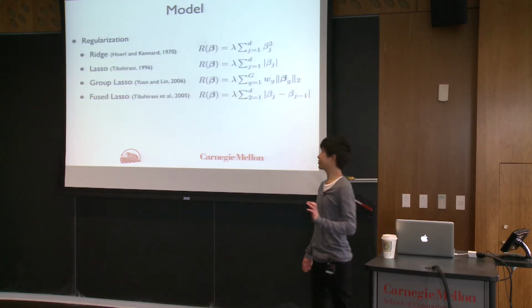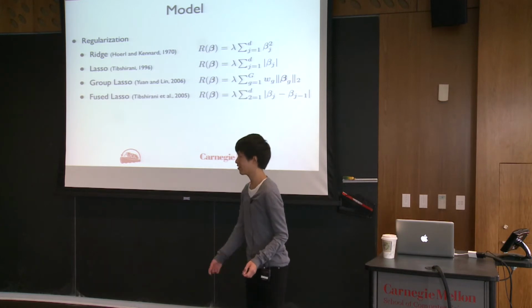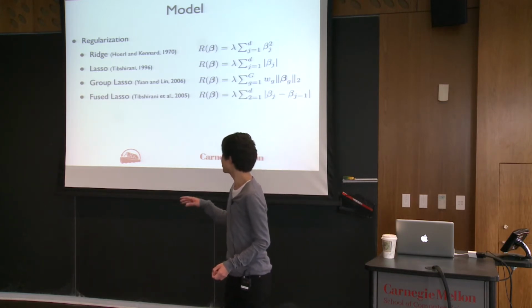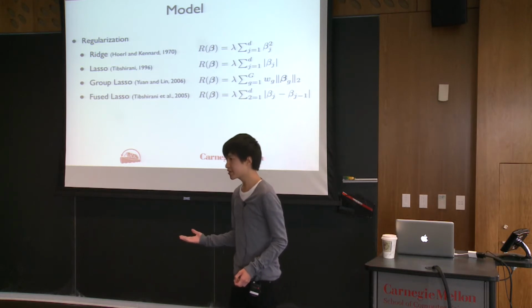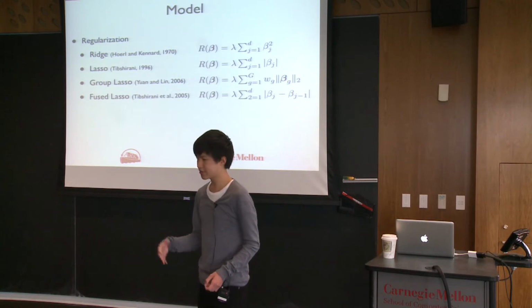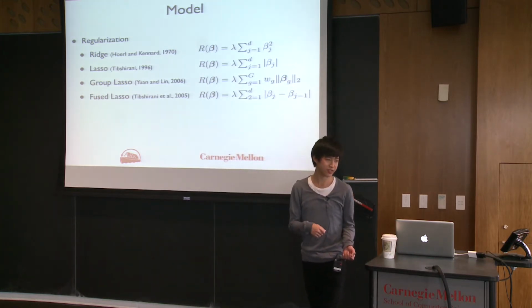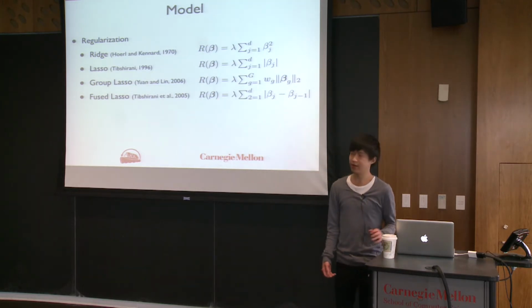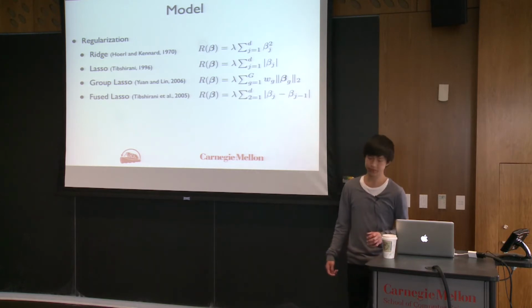There are also several choices of regularization. This is not all; there are a lot more. But a few common ones: in ridge regression, for example, you penalize your feature weights by the squared L2 norm. For lasso, you penalize using the L1 norm, and there are also group lasso, fused lasso, and a few others.